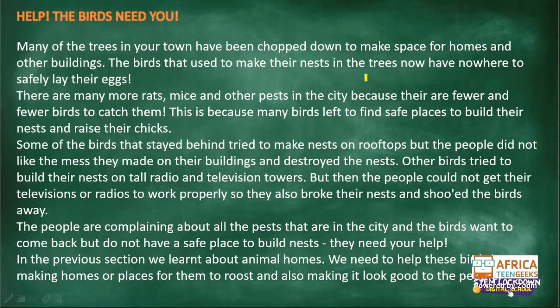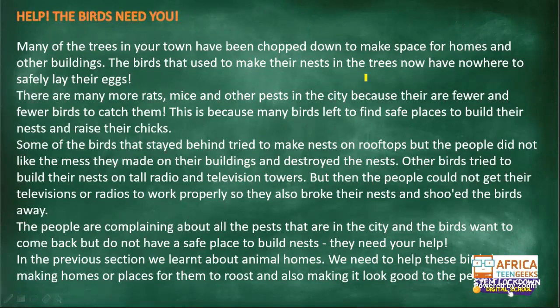We need to help these birds by making homes or places for them to roost and also making it look good to the people. Okay, so here you guys see the problem. The trees in the town have been chopped down because they were building homes there.